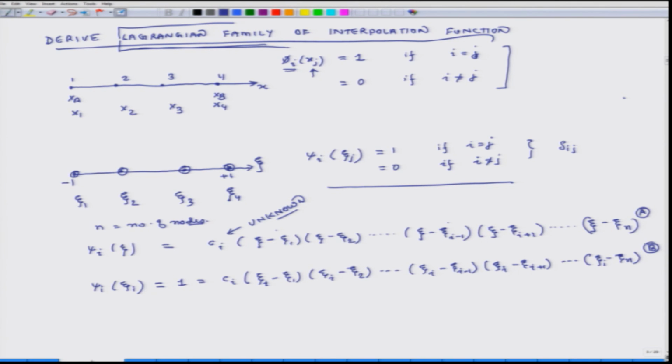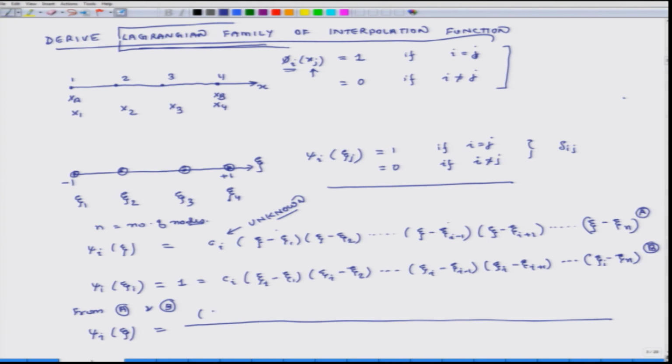So, from A and B, what is the relation for psi I? It looks complicated, but it is pretty simple.